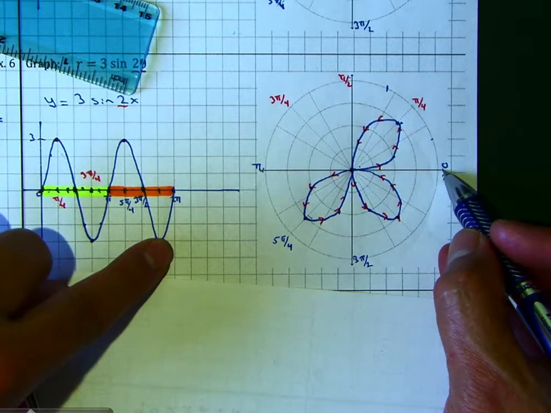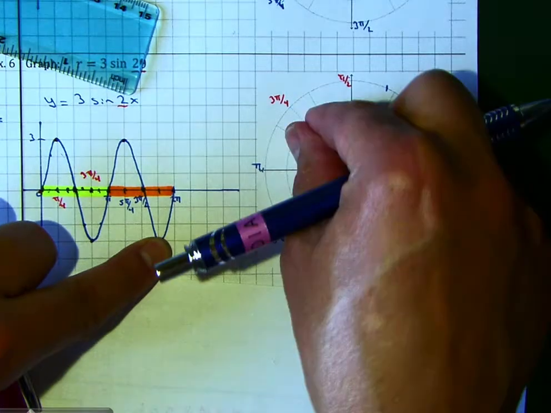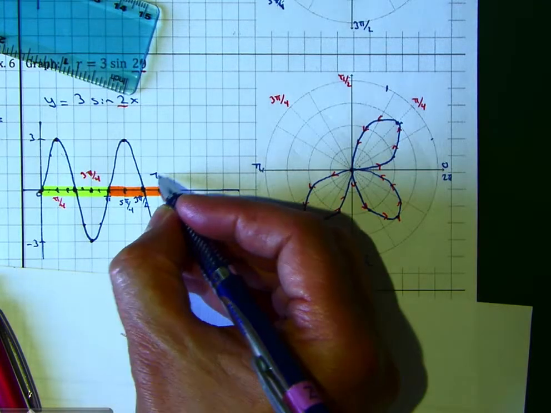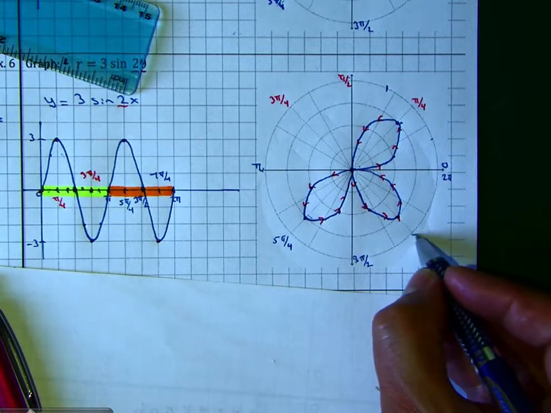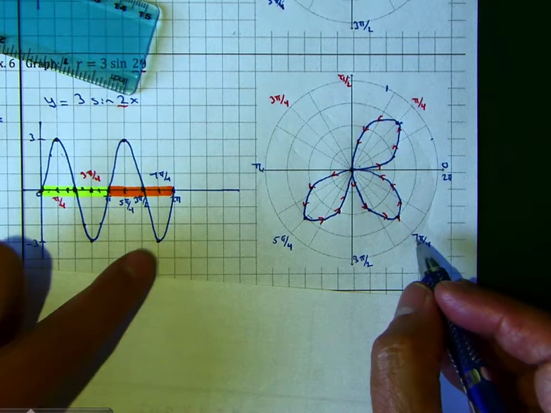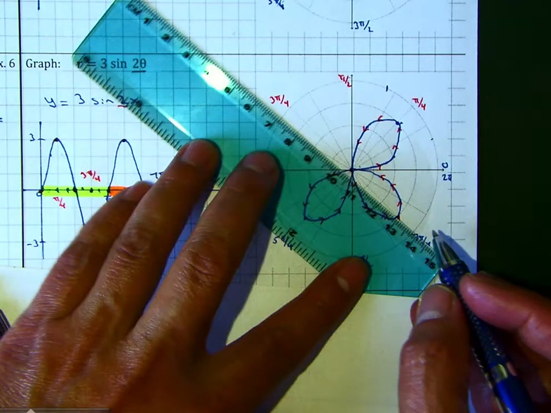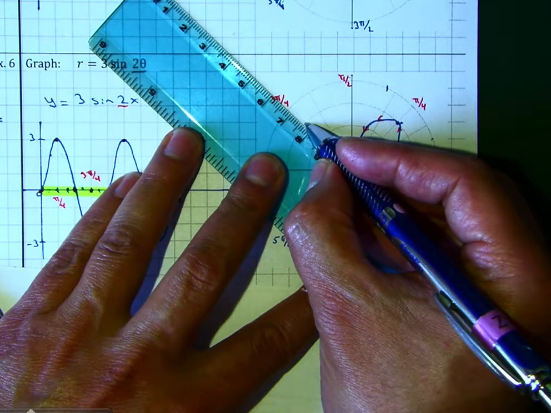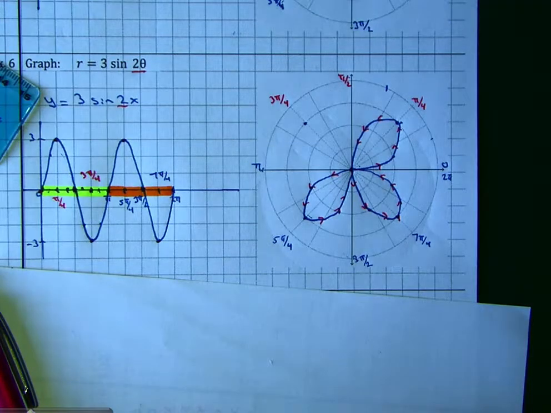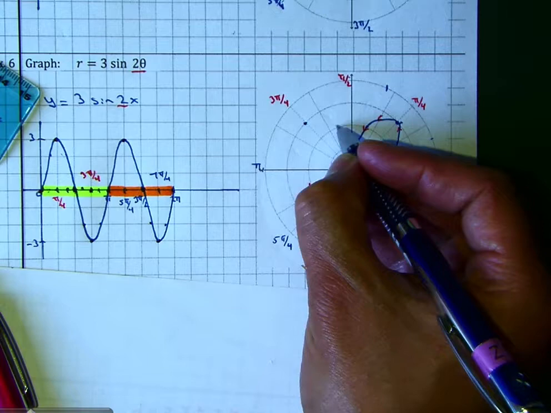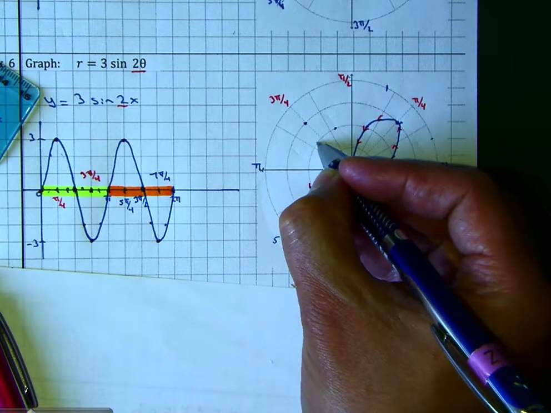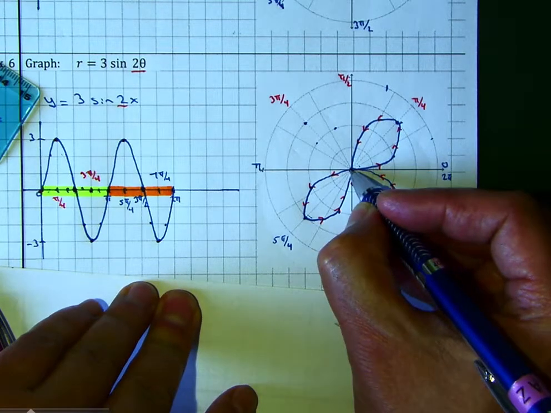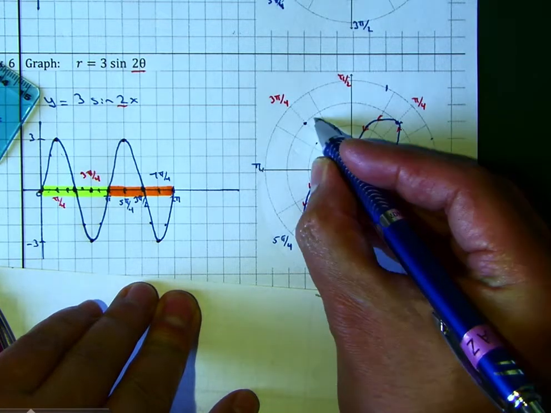But because it's negative, it got shot to the opposite direction. So therefore this is 7 pi over 4, which is here. But because it's negative 3, instead of going towards 7 pi over 4, it goes to the opposite, 1, 2, 3. And now from there I can say, okay, those 2 points are going to be here and here, and you're able to graph a little faster. So therefore it goes over here and finishes up.